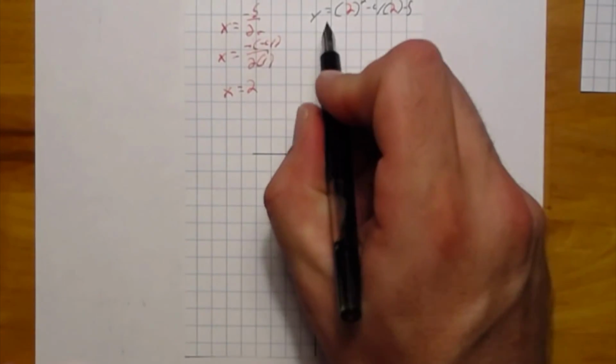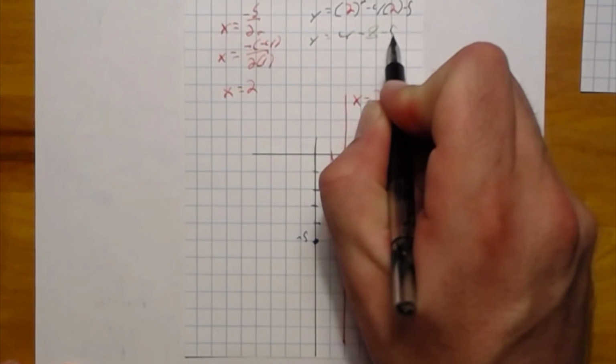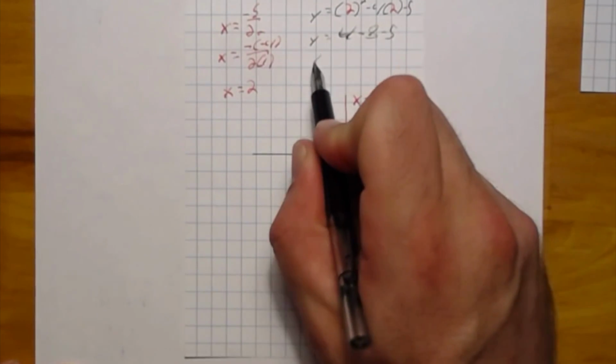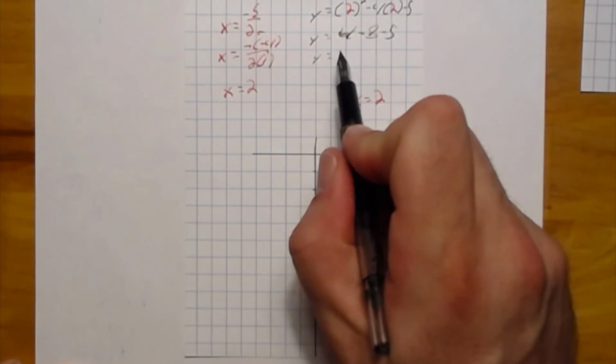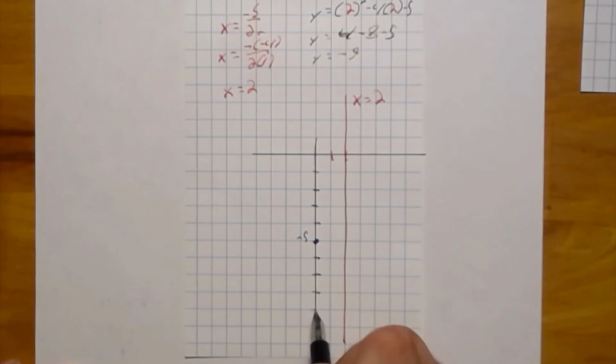I'm going to get that y is equal to 4 minus 8 minus 5, and 4 minus 8 minus 5 is negative 9. So I can graph that onto my graph here, and I get the point 2 comma negative 9. That is my vertex.